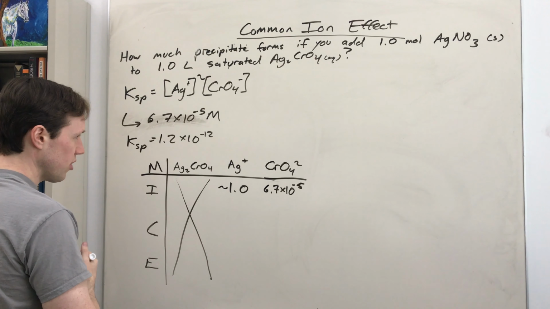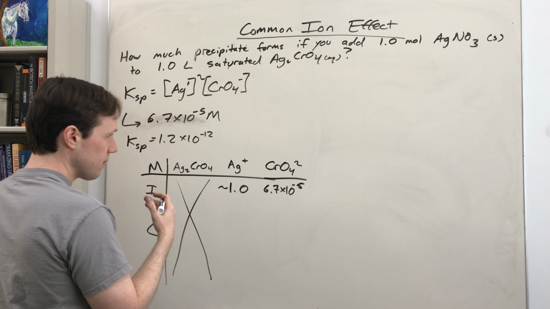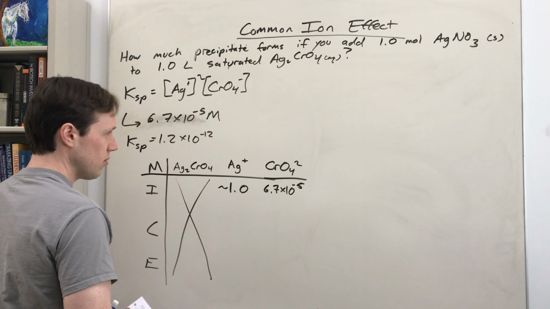Now, what's going to be happening here? Well, this was previously saturated, and we're adding in more silver. So it should hopefully be intuitively apparent to you that if we add more silver into something that is already saturated, silver chromate is going to have to precipitate. In essence, the amount in solution can't go up, so it's going to have to go down.